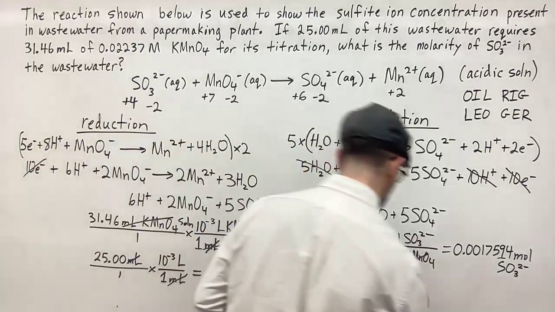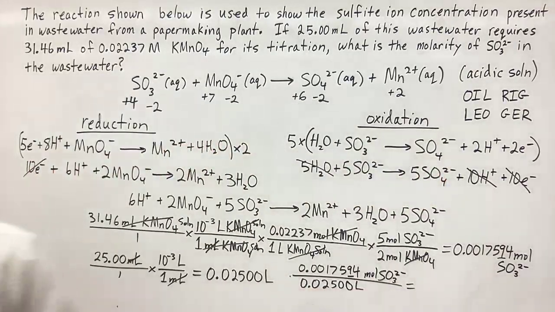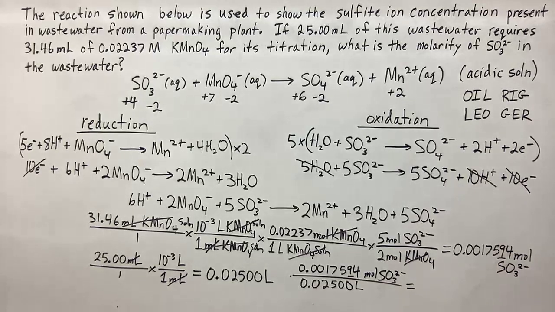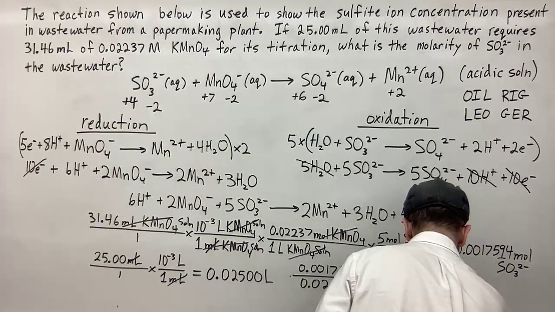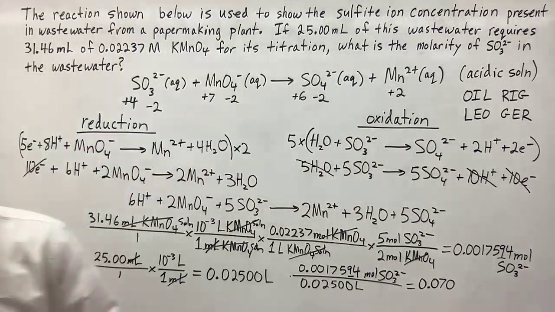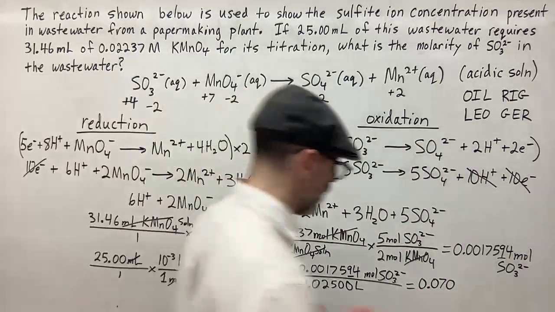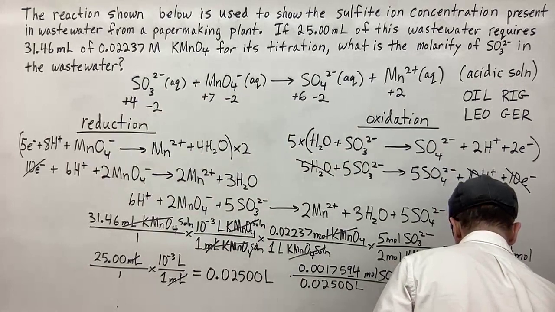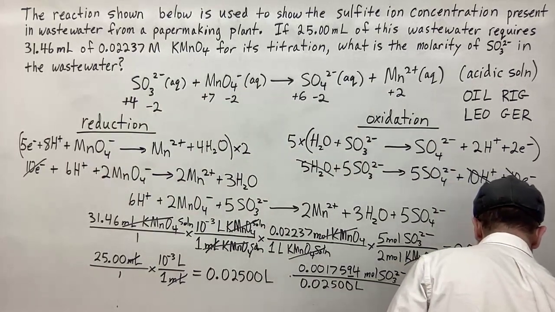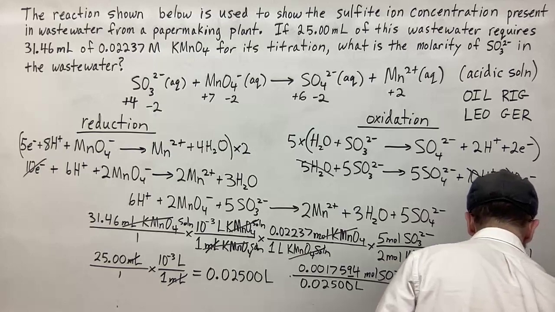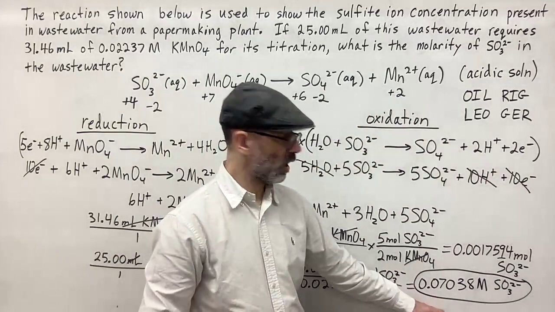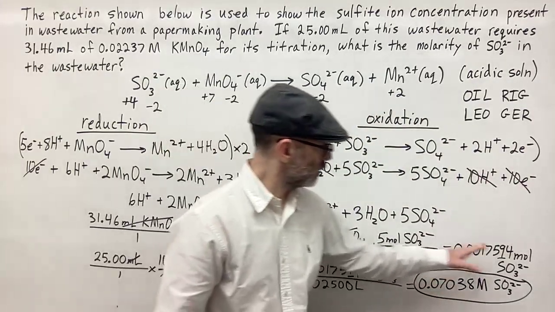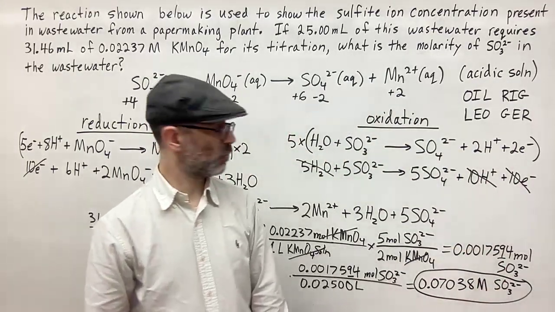And then when I divide those, I get 0.07038 molar SO3 2-. So that is the concentration of the sulfite ion in the wastewater.